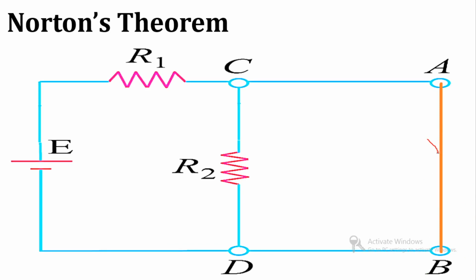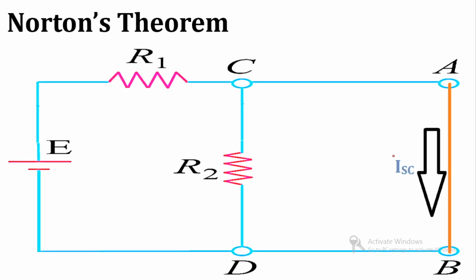Now in this short circuited branch I have to find out the short circuit current, which is also known as Norton's current IN. So this is the short circuit current, or we can say Norton's current. This Norton's current we can find out in any way.